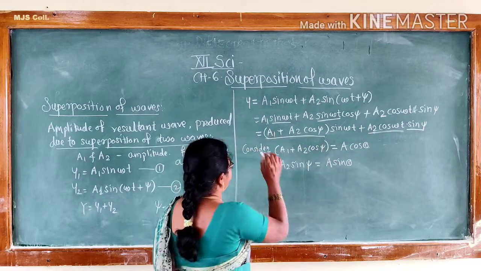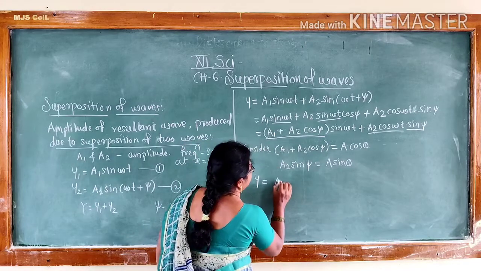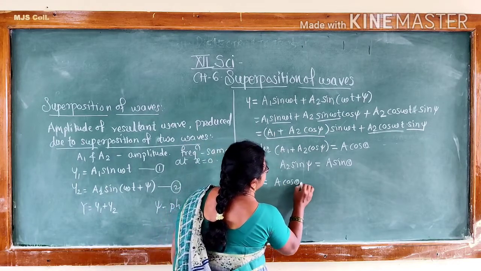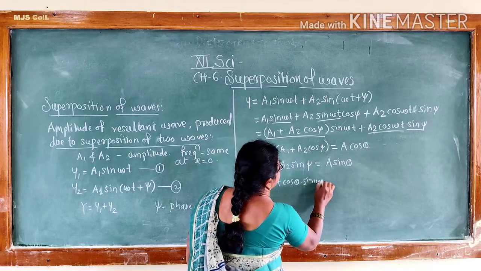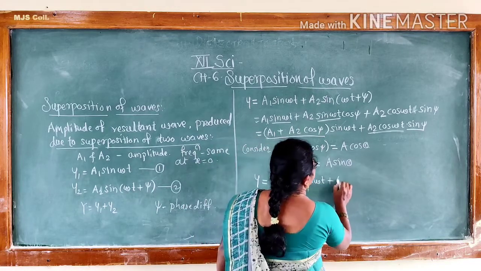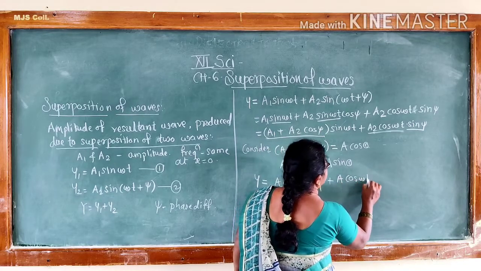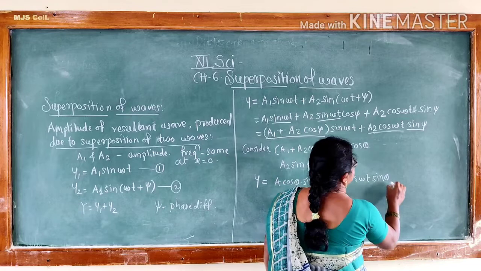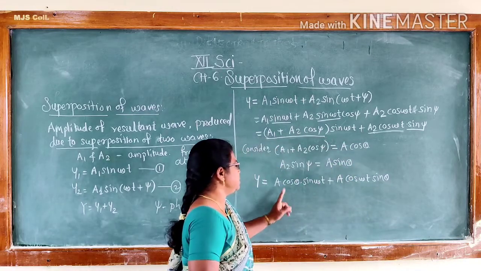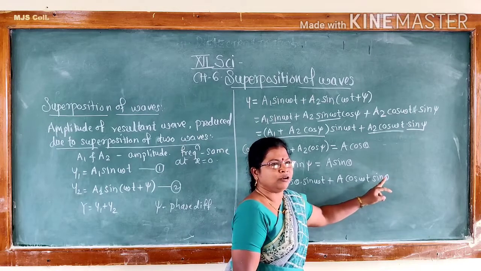Substituting these values in the above equation, you will get y is equal to A cos(theta) sin(omega t) plus A cos(omega t) sin(theta). So once again, this is cos theta sin(omega t) plus cos(omega t) sin theta.